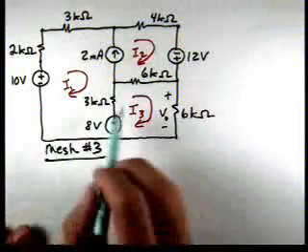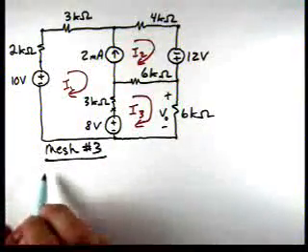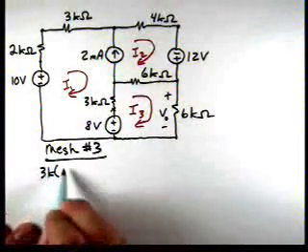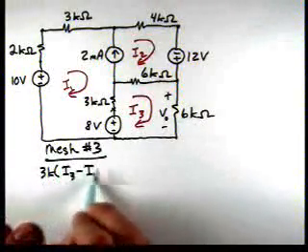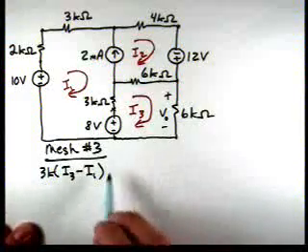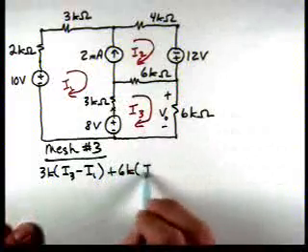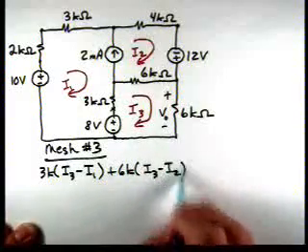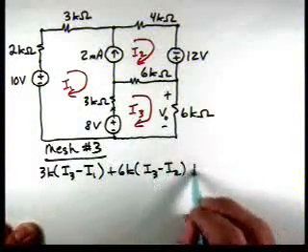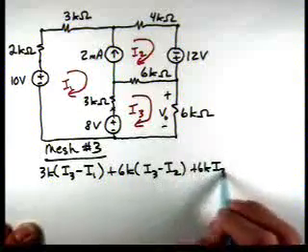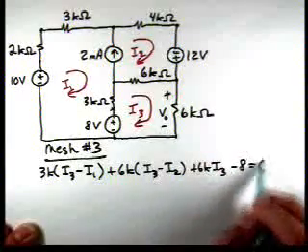okay, and let's say we start here, we'll have 3K times (I3 minus I1) plus, for this resistor, 6K times (I3 minus I2). Then we'll have plus 6K I3 minus 8 equal to 0.